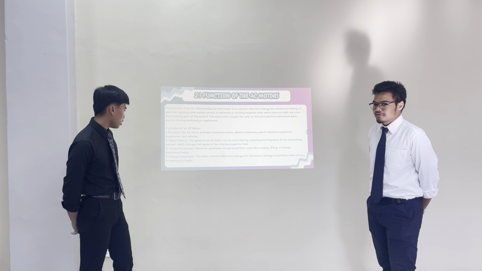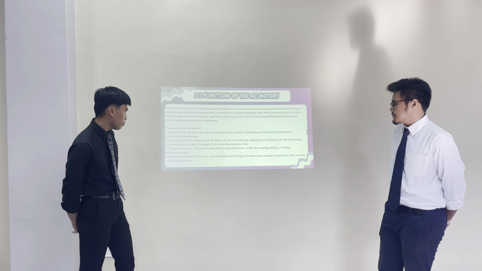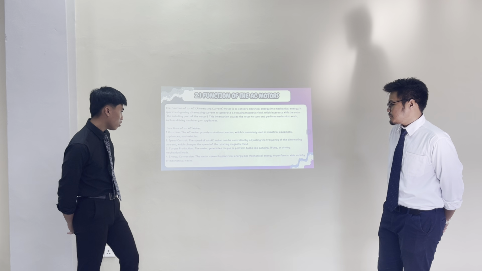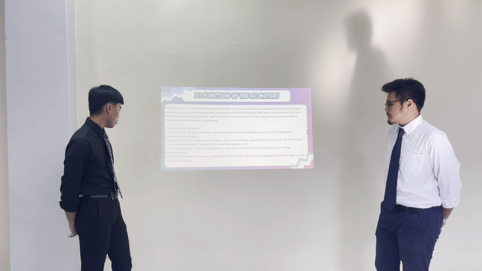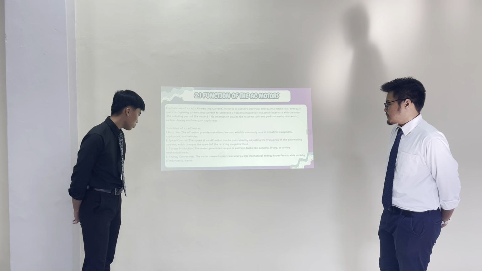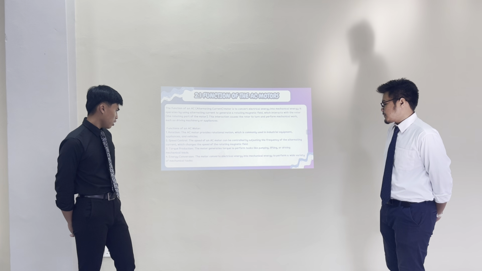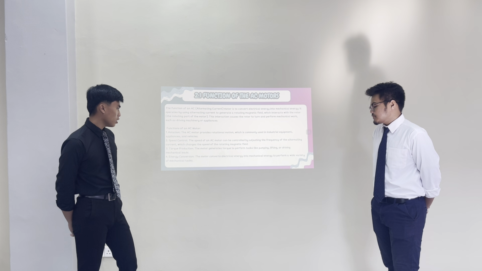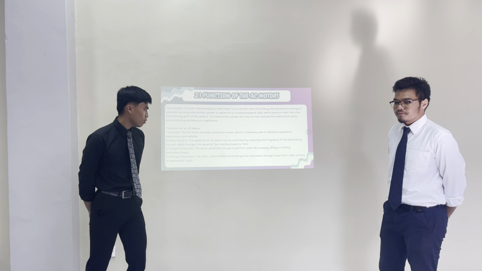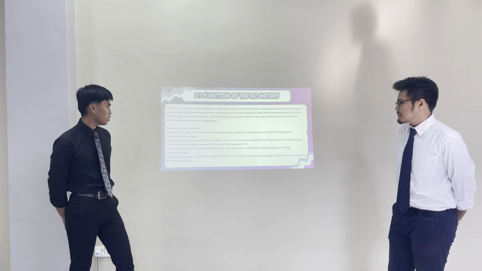The motor generates torque to perform tasks like pumping, lifting, or driving mechanical loads. 4. Energy conversion. The motor converts electrical energy into mechanical energy to perform a wide variety of mechanical tasks. Next.